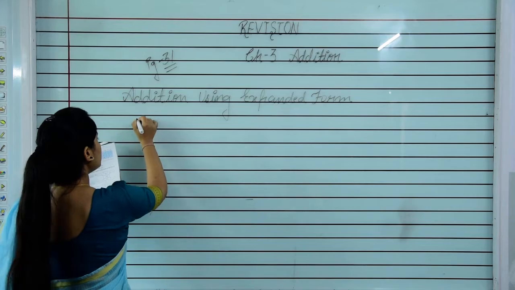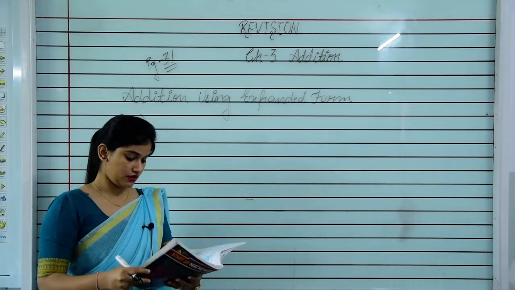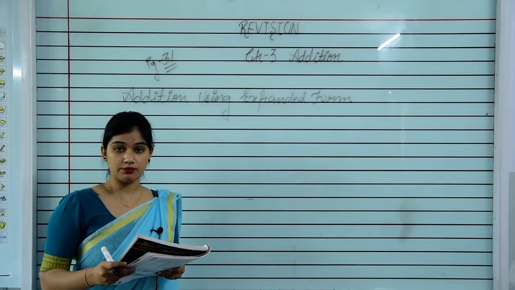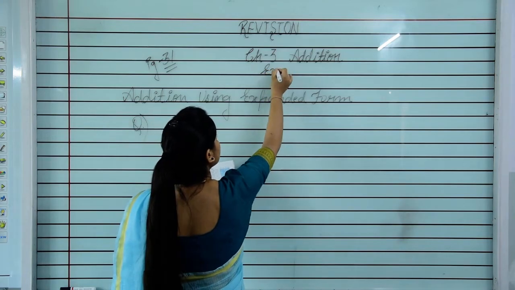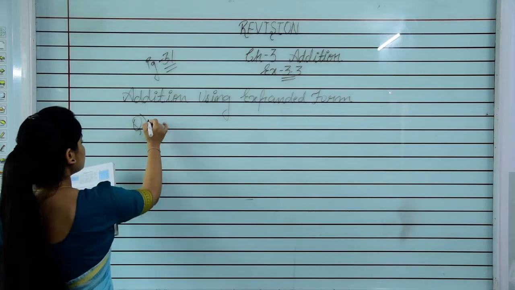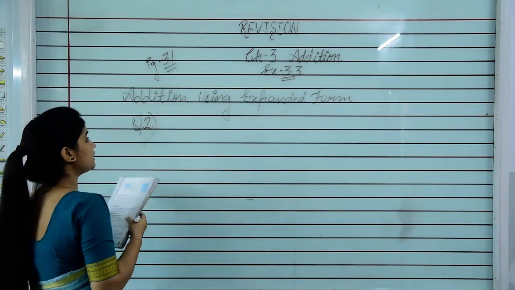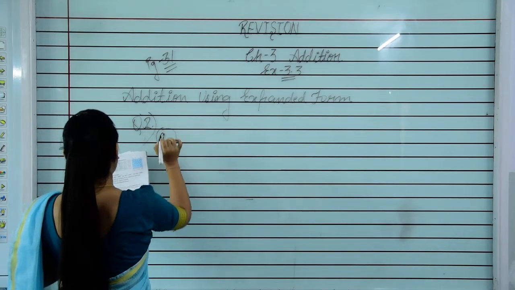So first of all, in this type of questions, we take a question. We are taking question number 2 of exercise 3.3. Exercise 3.3, we are taking question number 2. And we'll understand this topic by this question. Question number 2, A part.